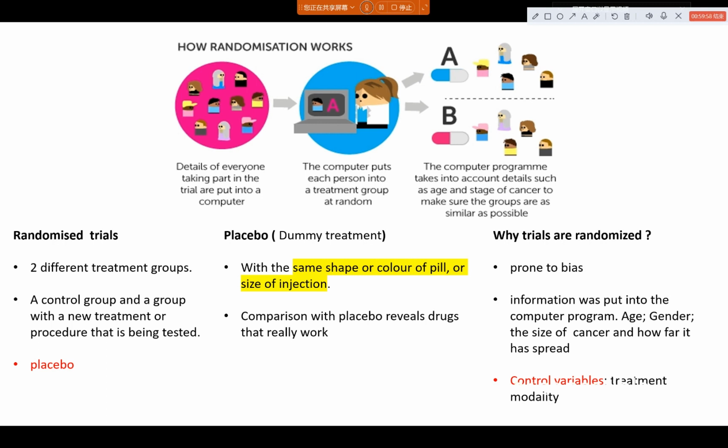This makes sure that the groups are as similar as possible. Then the researchers know that if one group does better than the other, it's because of the different treatment and not because of general differences in the people taking part. Thank you.